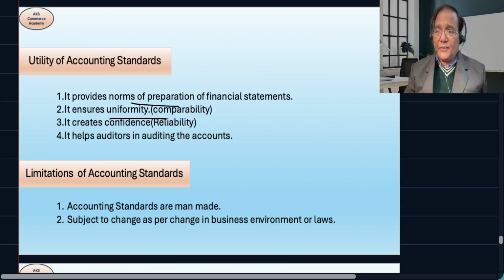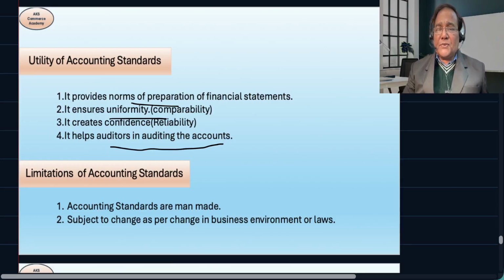It helps auditors in auditing the accounts. So auditors also certify the accounts on the basis of the reports which are submitted by the organization to the auditor. And if entries are properly made, it eases the process of auditing and finally submitting the audited report.